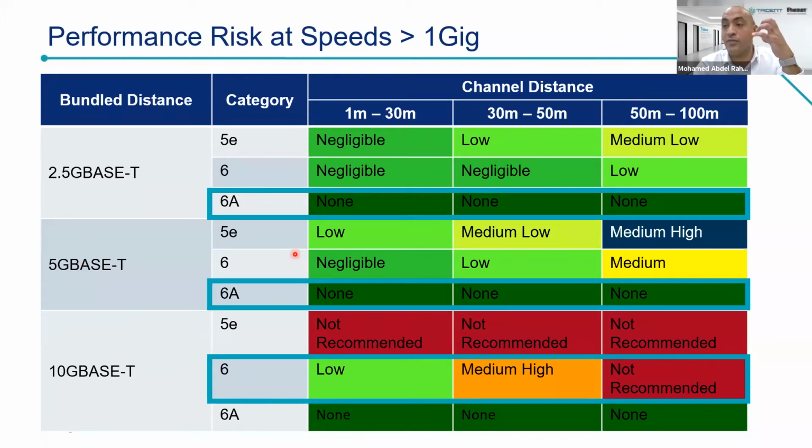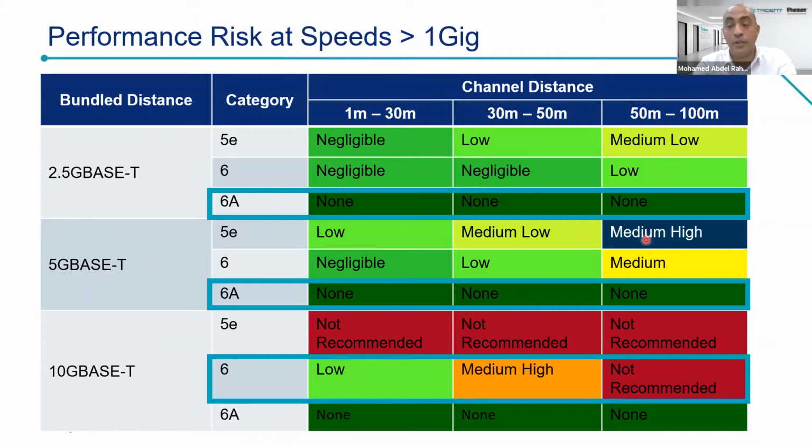For example, it is very important to do a risk assessment. You need to perform a site survey and testing of your existing solutions to check if they can support it. As you can see in the figure for 5 gigabit per second, if you have existing Cat5e and the length of the bundles of cable from the patch panel to outlet is greater than 50 meters, it means you have a medium to high risk.